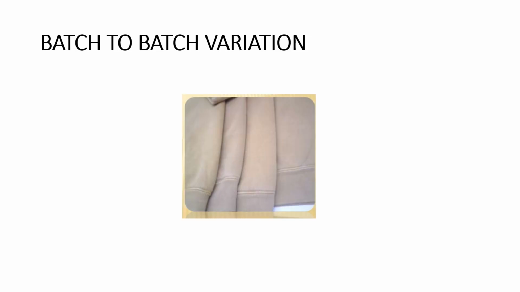Now batch to batch variation is also very common in the dyeing industry, as shown in the figure. The same kind of dyeing has been carried out with the same substrate, but you can see variations in the batch. Same color, same group, but yes, batch to batch there is a variation in color. So this may also occur due to dyeing.